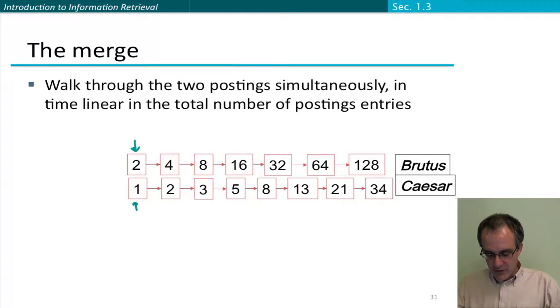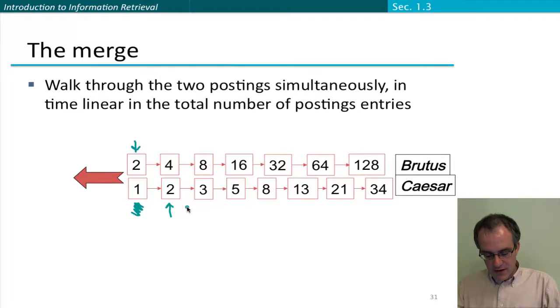And what we want to do is work out what's in their intersection. So the way we do that is we ask, are these two pointers pointing at the same, equal doc ID? And the answer is no. And so what we do is advance the pointer that has the smaller doc ID.